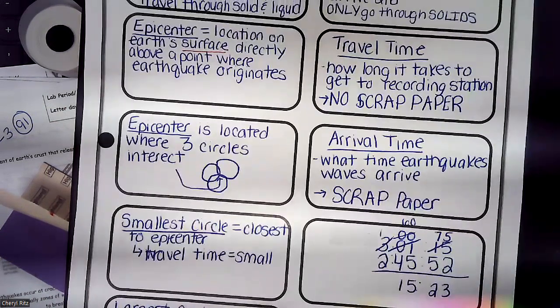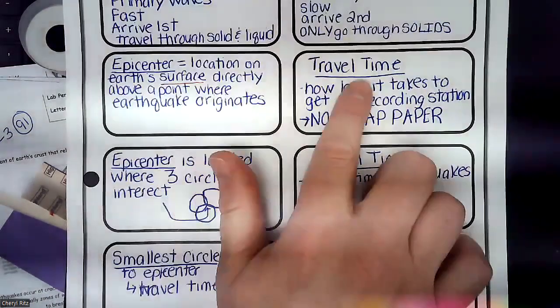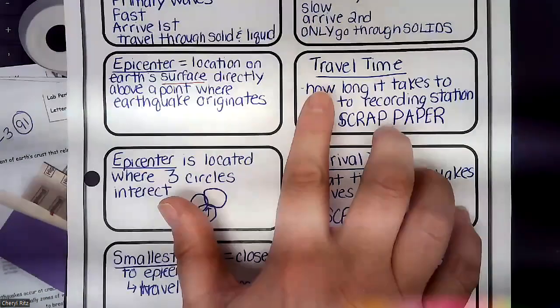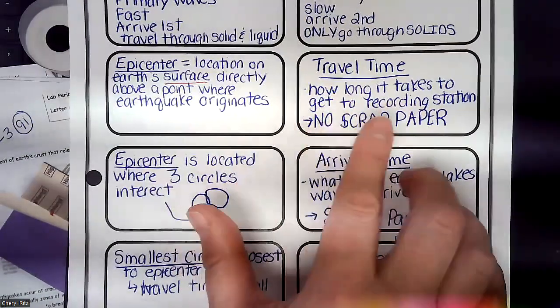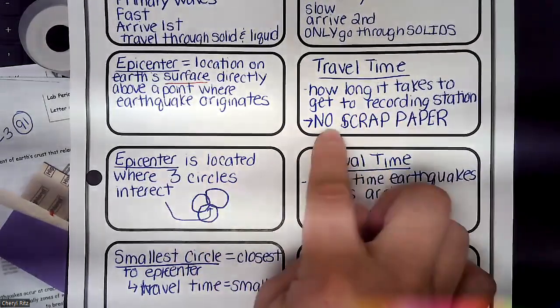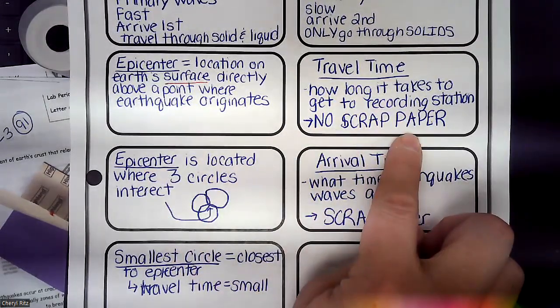Now, for all the different kinds of earthquake questions, I can't really put anything on the review sheet about them. I did remind you the difference between arrival and travel time. So travel is how long it takes to get to the recording station. And I emphasized no scrap paper for a travel time question.